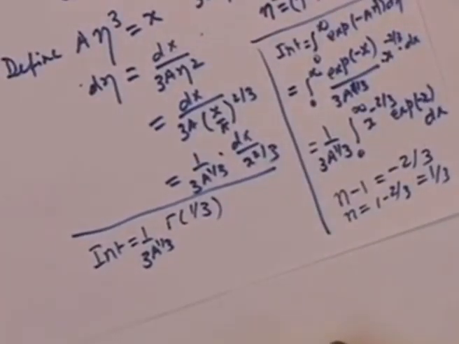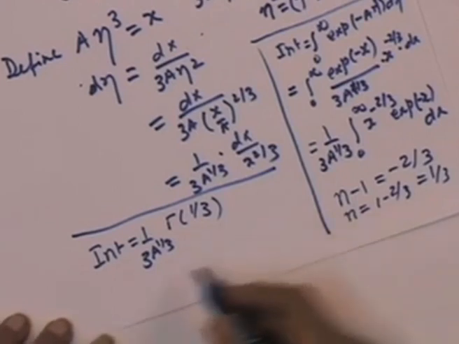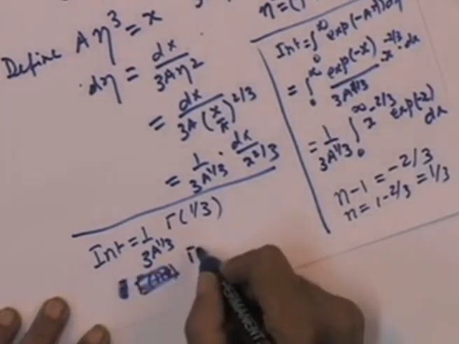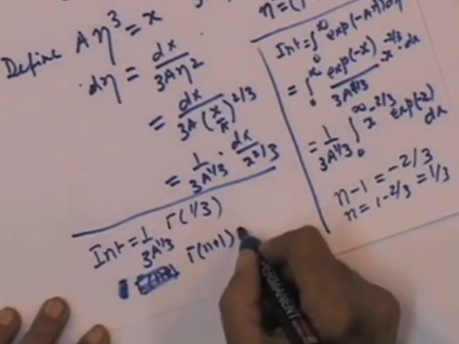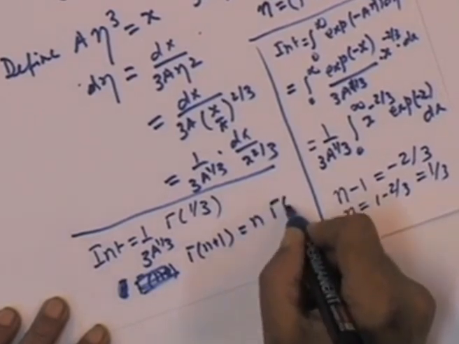But usually gamma functions are plotted for values of n greater than or equal to 1, and therefore we make use of the relationship that gamma of n plus 1 is equal to n times gamma n.